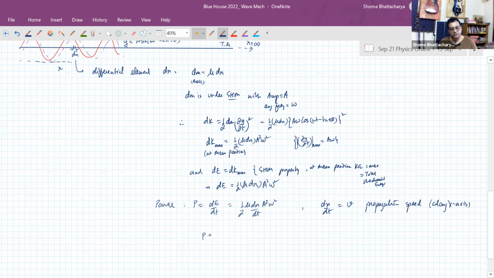So this power can be written as half mu v omega square into a square, or it can also be written as half square root of tension into mu into omega square into a square, because we know that v is equal to square root T by mu. So importantly, power is proportional to square of the amplitude.